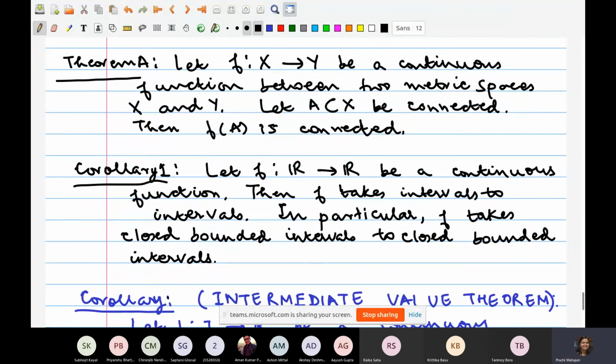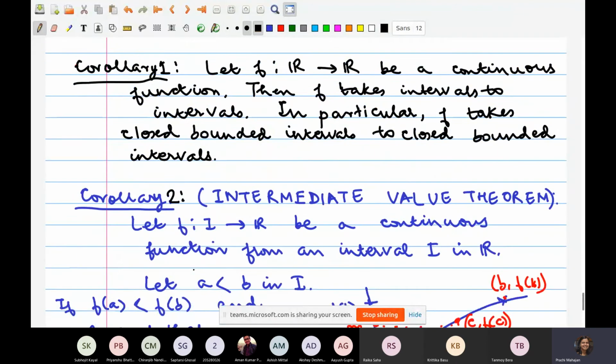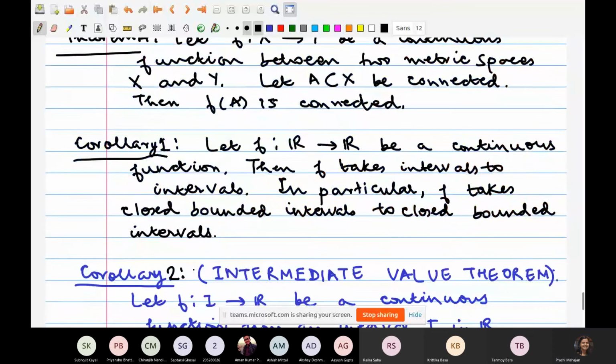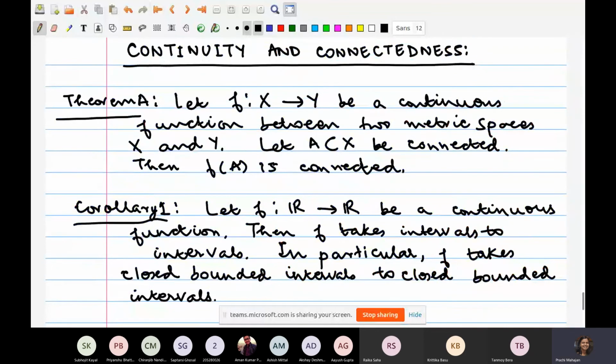If you want to deduce it from corollary 1, that's also fine. Is that okay? Does everybody see this? Yes, ma'am. Okay. So let's try to establish theorem A. Verify the proof of theorem A. Everybody is with me so far?